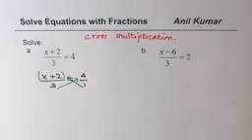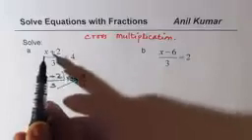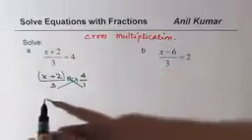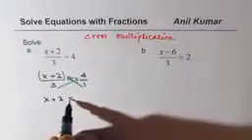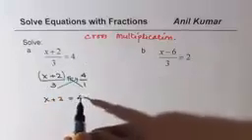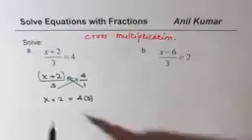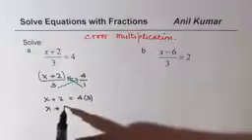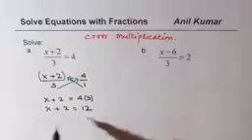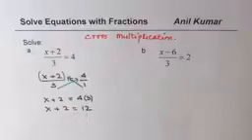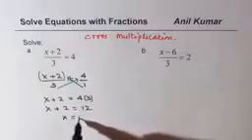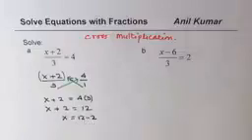So that means it remains kind of the same. So with cross multiplication, we're left with x plus 2 on the left side, and on the right side we get 4 times 3 or 3 times 4, one and the same thing. So what we have here is x plus 2 equals 12, and now this is without fractions, easy to solve. x equals 12 minus 2, which is 10.